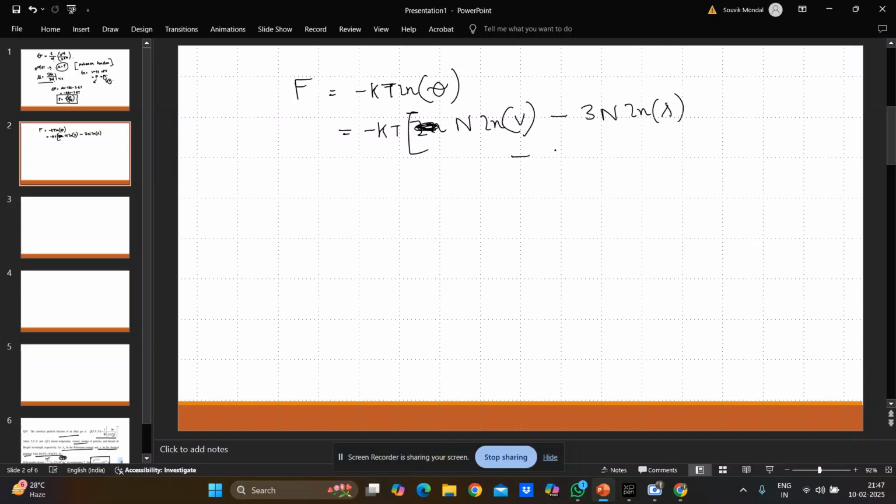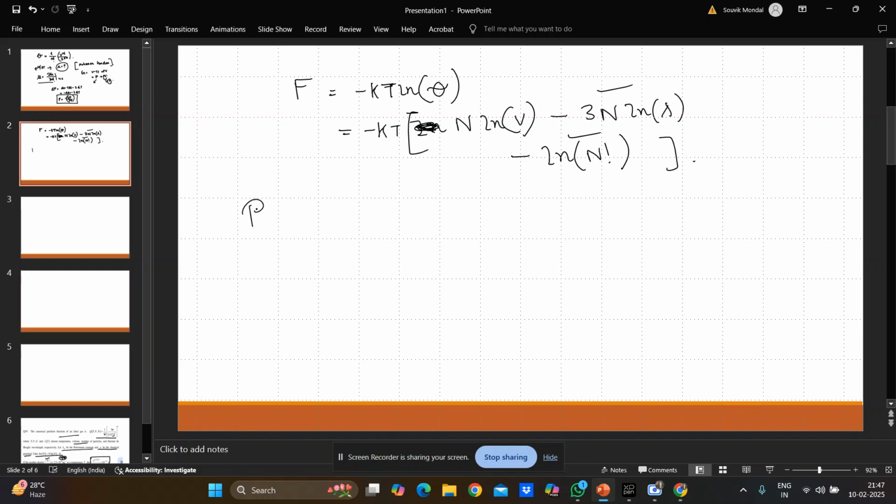And N factorial is also in the denominator, so there will also be a minus, so log N factorial. Now think carefully. This term is independent of V, this term is also independent of V, so only V is sitting here.